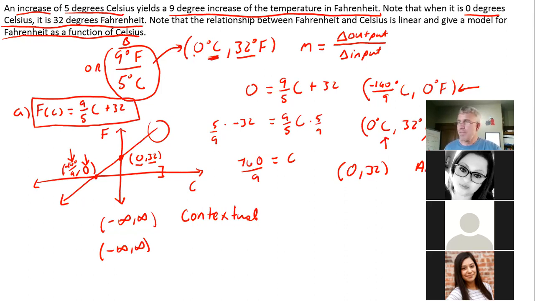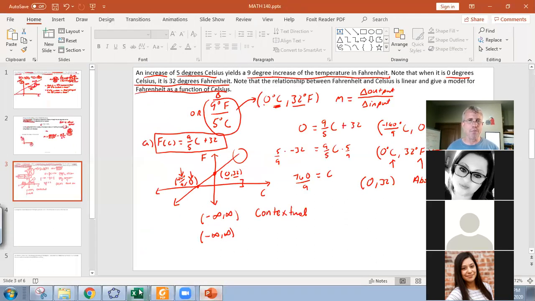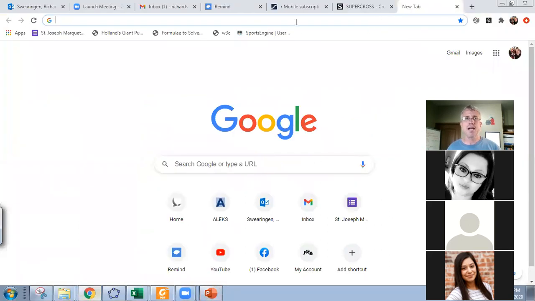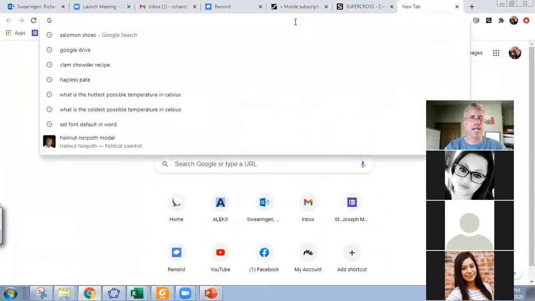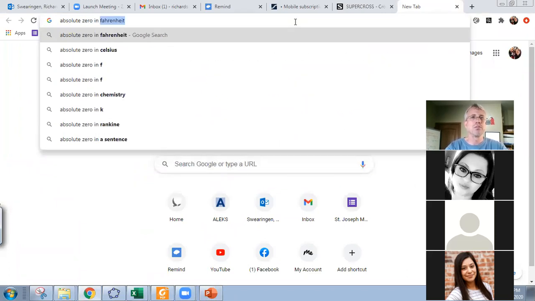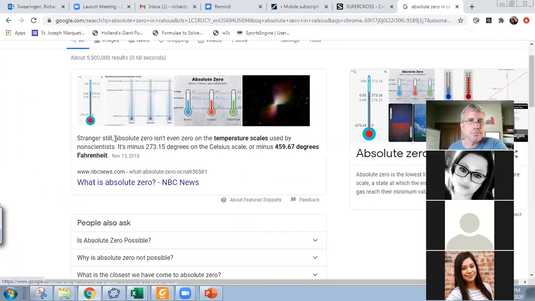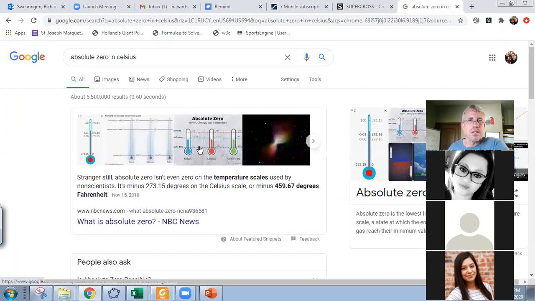Absolute zero. So this one, there's no mathy piece on this, right? If I were working on this, I'd say, hey, for my science classes, I know that absolute zero, and my inputs are Celsius. So if I'm looking for my domain, I probably want to ask about it for Celsius. And then there, you're going to get 273.15.